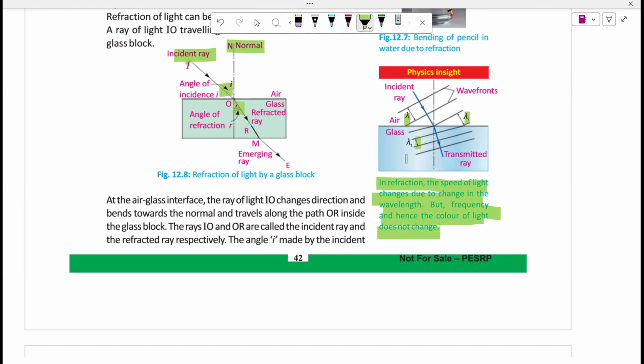Frequency would remain the same, only the speed and wavelength would change according to the equation V equals F lambda. Because if F is constant, V equals constant into lambda हो जाएगा. I have explained this equation before as well. So, in order to keep frequency constant, speed and wavelength would change accordingly.